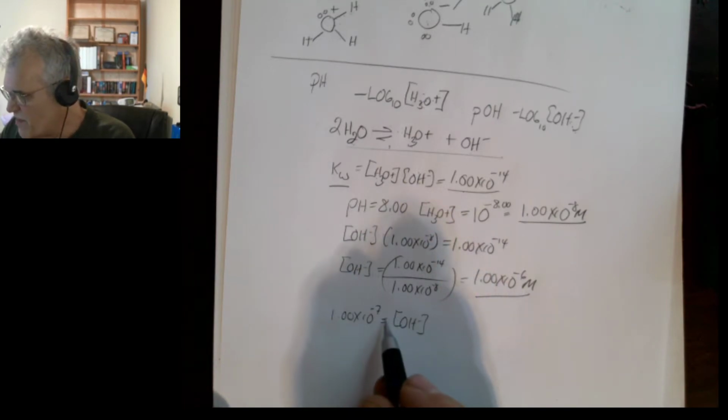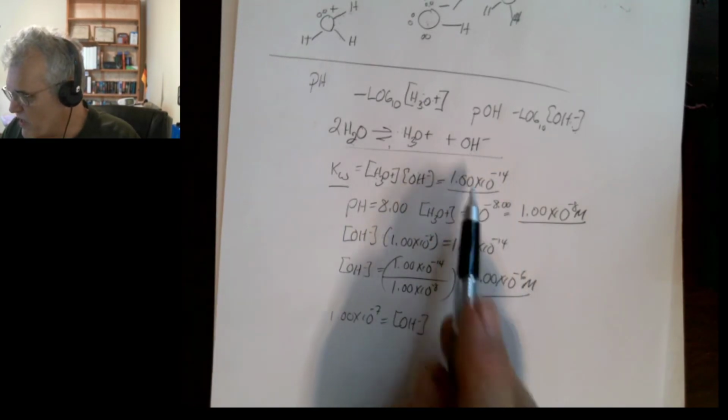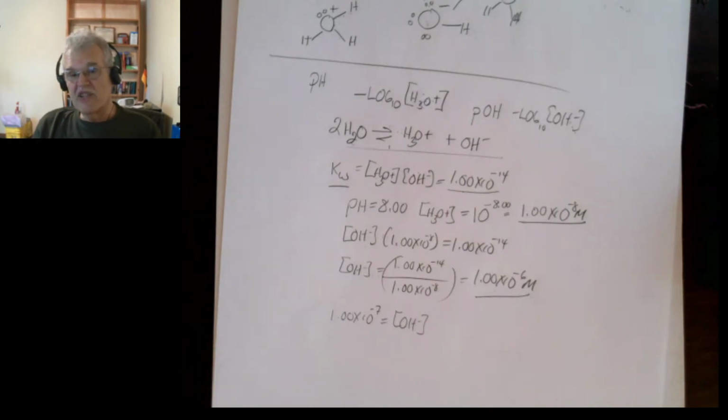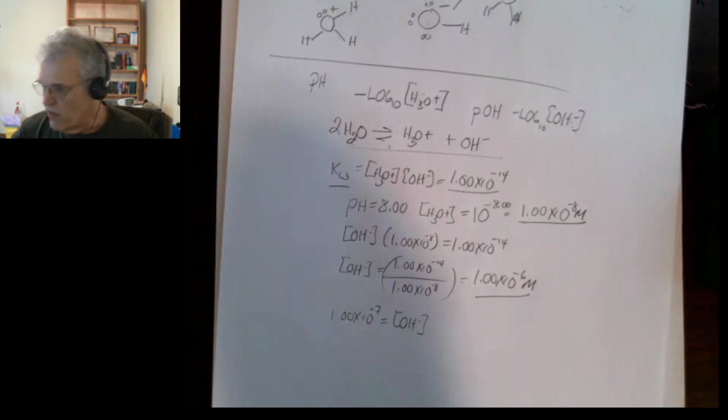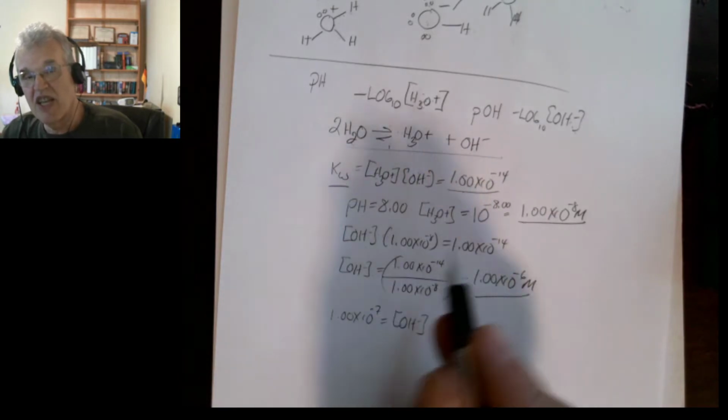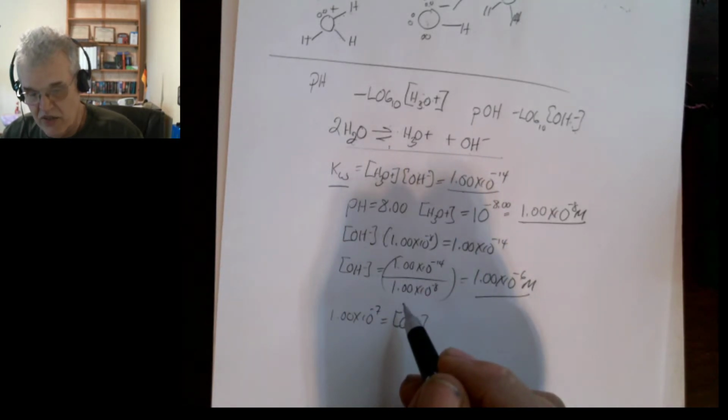Because 1 times 10 to the minus 7 times 1 times 10 to the minus 7 gives me 1 times 10 to the minus 14. So it's neutral because the hydronium ion concentration and the hydroxide ion concentration are equal. But with this constant, anytime the hydronium ion concentration increases, the hydroxide ion concentration decreases, and vice versa.